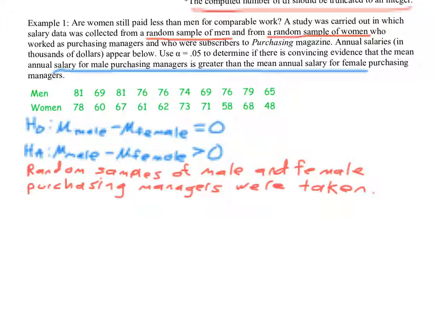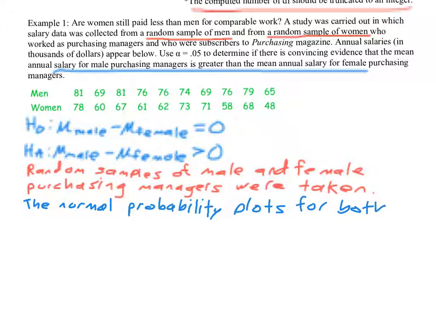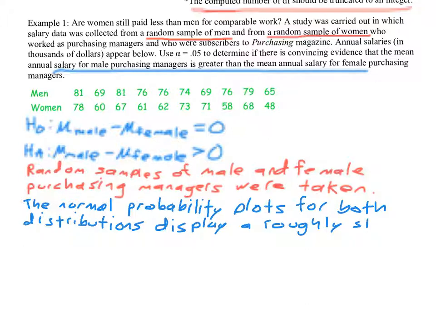So I'm going to write the normal probability plots for both distributions display a roughly straight diagonal line indicating both populations are approximately normal.